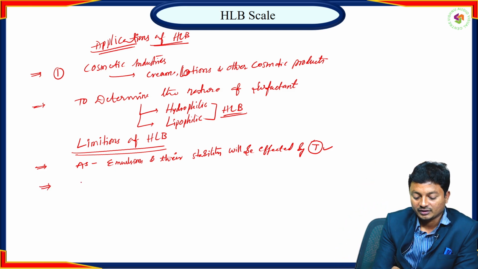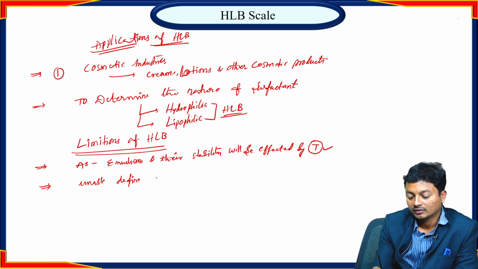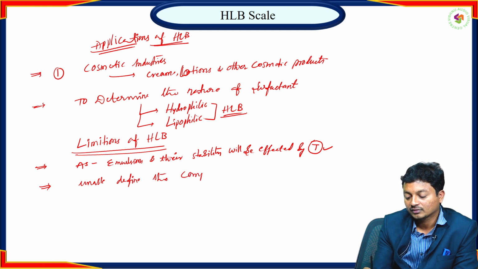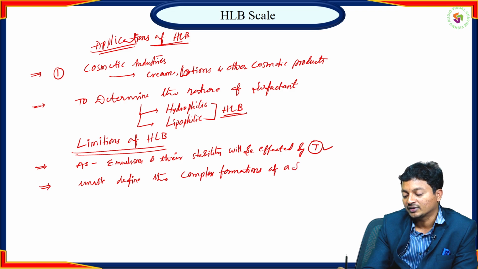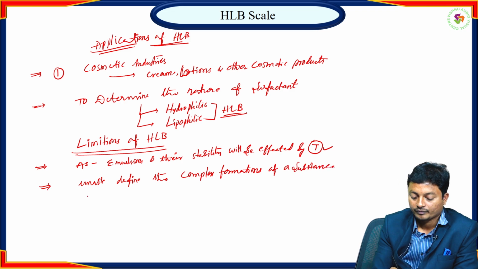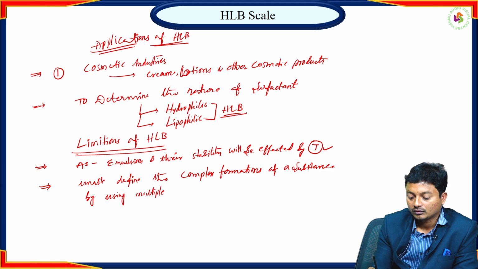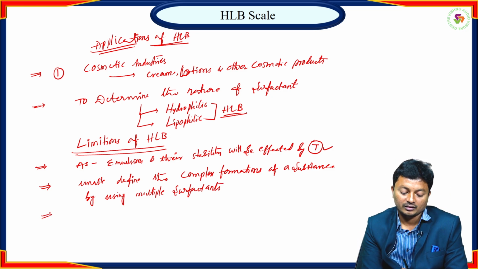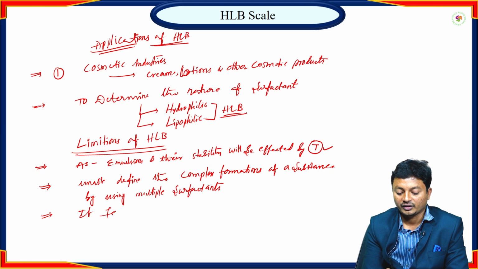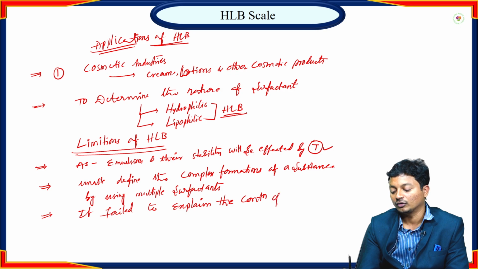The second limitation here is being unable to define the complex formations of a substance by using multiple surfactants, and majorly it fails to explain the concentration of the surfactant.